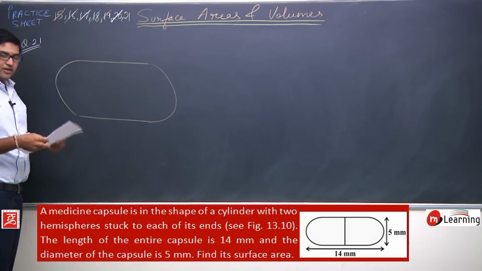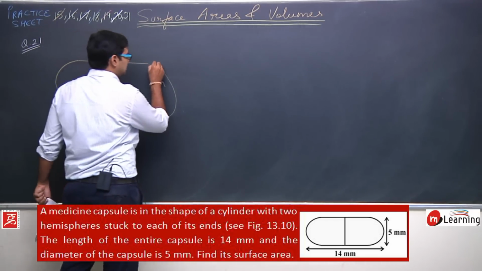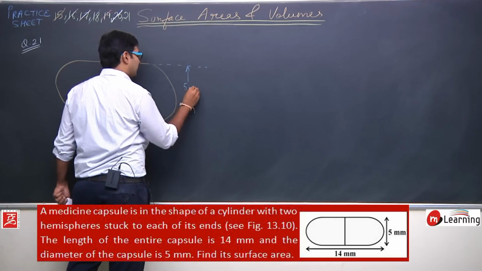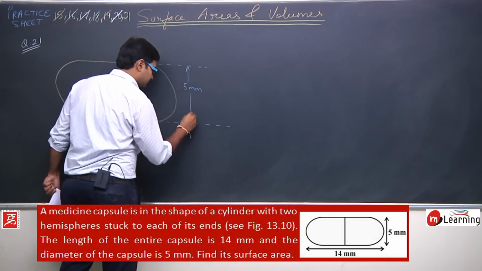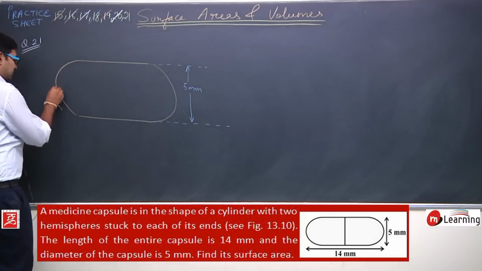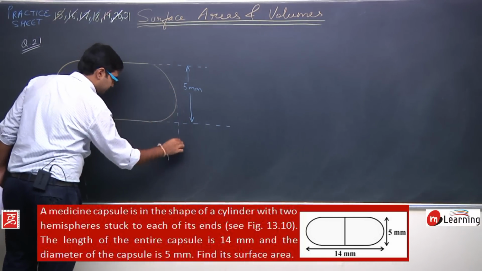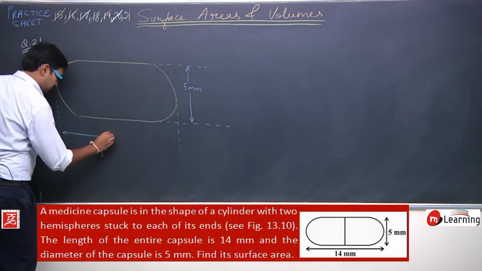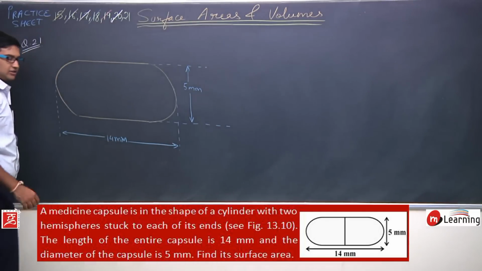This is a capsule, this is a medical capsule, and this capsule has the diameter as 5 mm. And the total length of this capsule is 14 millimeters. So this is the length.